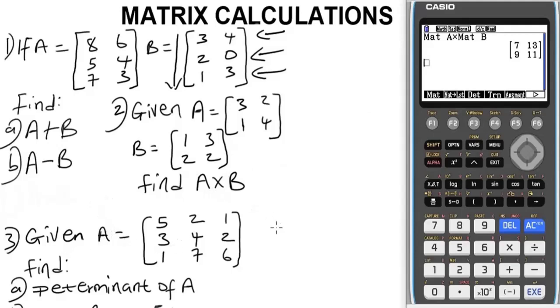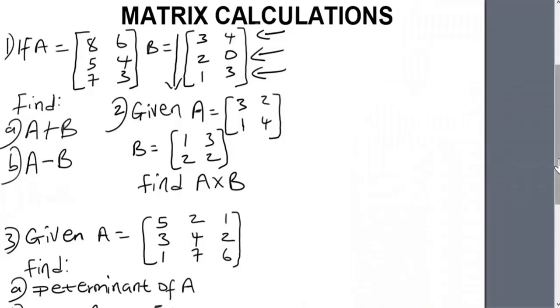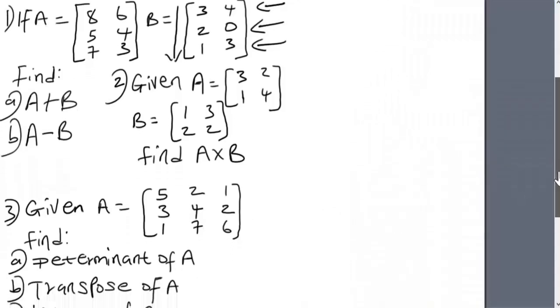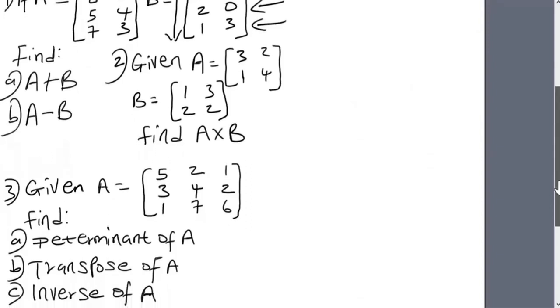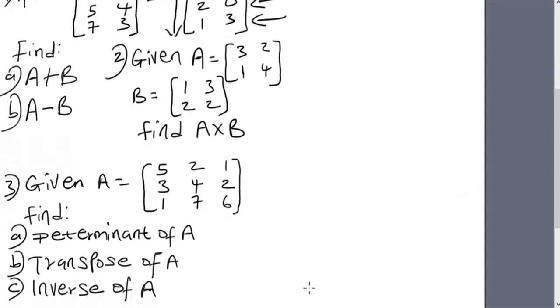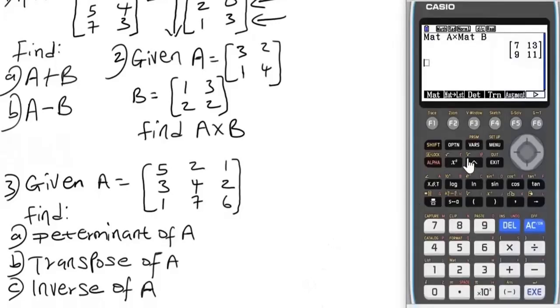Given A to be this, we have to find, let me scroll up, the determinant of Mat A, the transpose of A, and the inverse of A. So very simple. Now let's press the exit button and delete everything here. Okay, delete all.